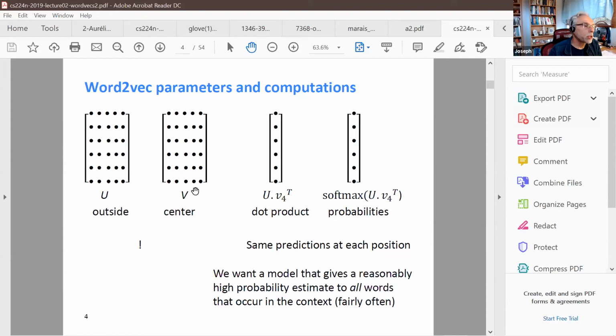It's U times V transpose, because remember U is a row vector in this case, and V is also a row vector. So in order to get the dot product, you have to take a transpose. And then the softmax gives you the probabilities.